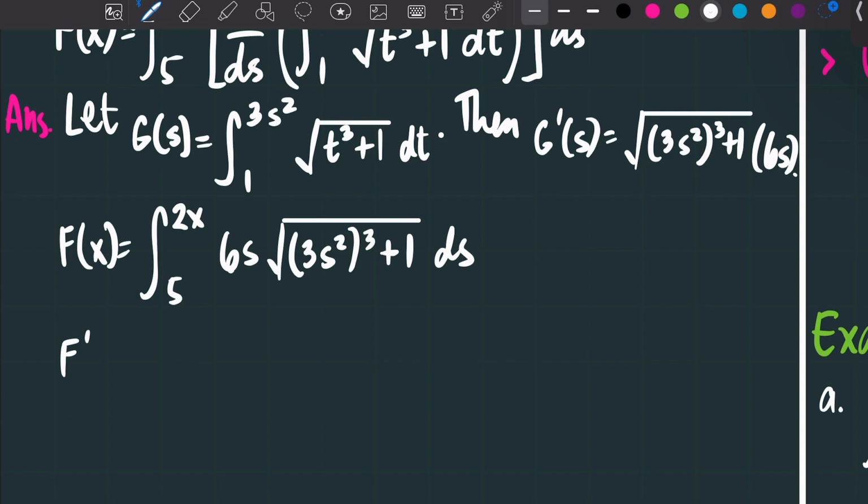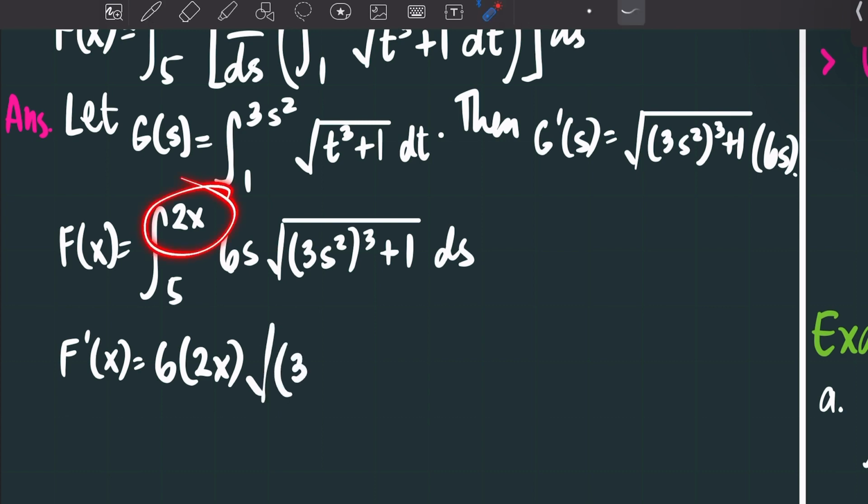So, we have here f prime of x equals 6 times, lagay this one to s, 6 times 2x times the square root of the quantity 3 times this one squared.